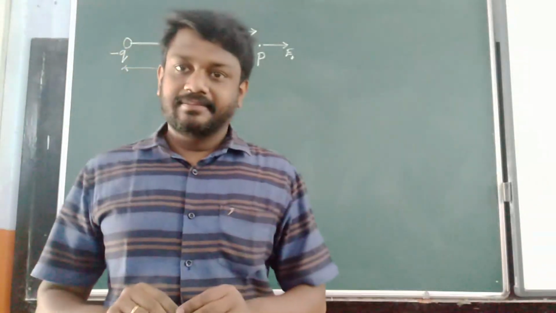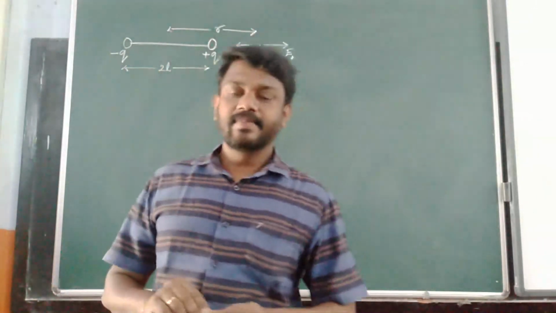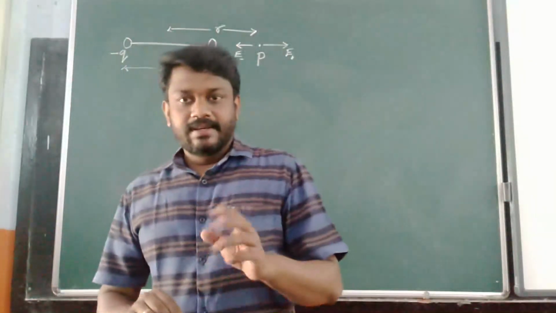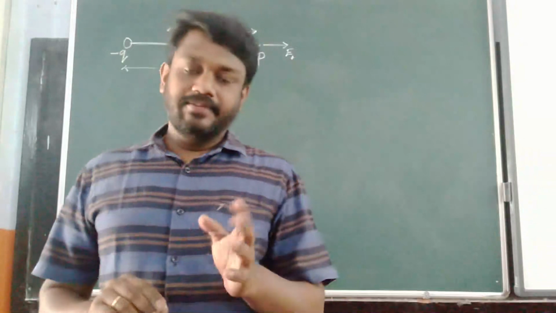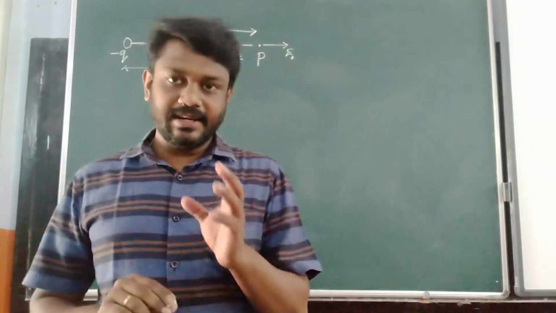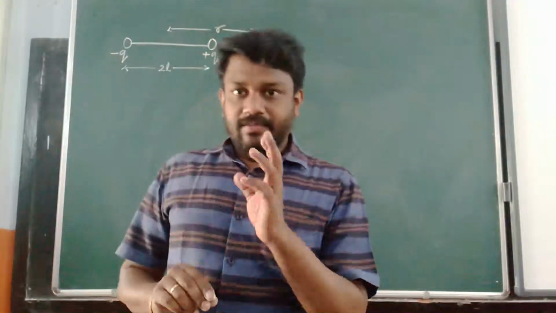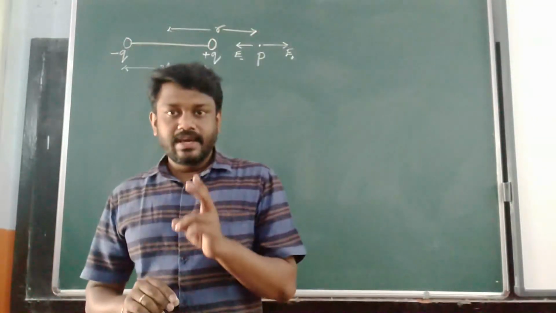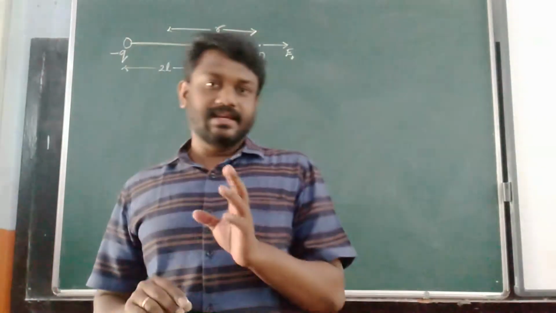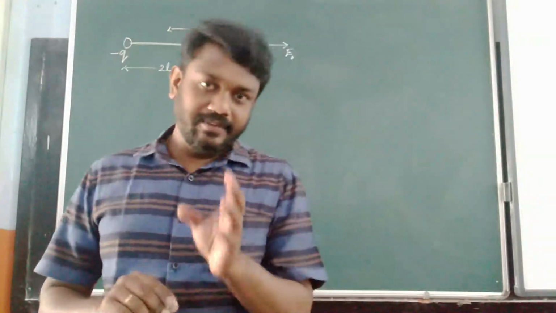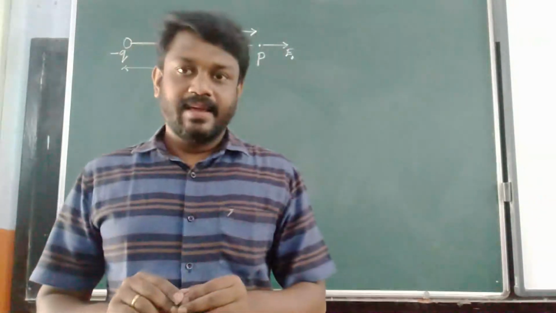Hi, good morning, students. During the last class, we discussed a special kind of electrostatic system in which we have two equal and opposite charges separated by a very small distance.